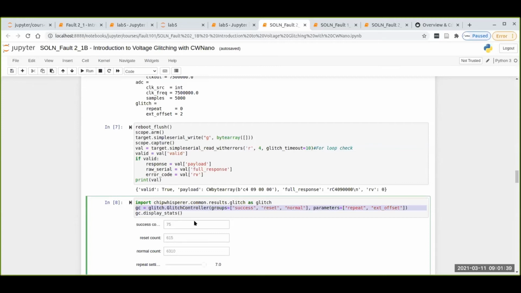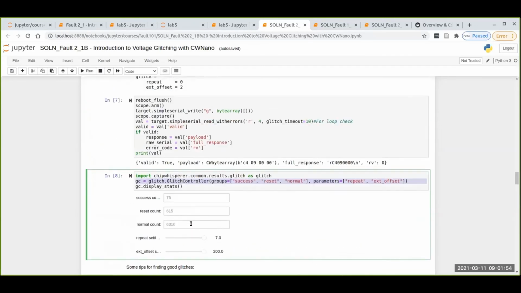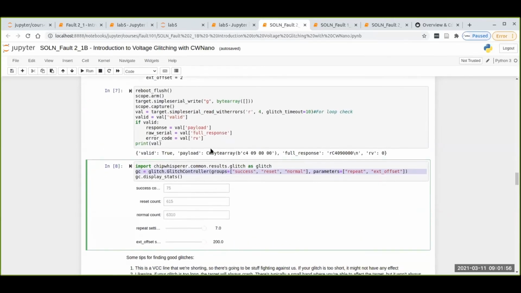So if all these counts are 0, does that mean something has gone horribly wrong? Which counts are all 0 for you? Everything in that cell we were just talking about, the success, reset, and normal. They should all be 0 the first time you run the cell.